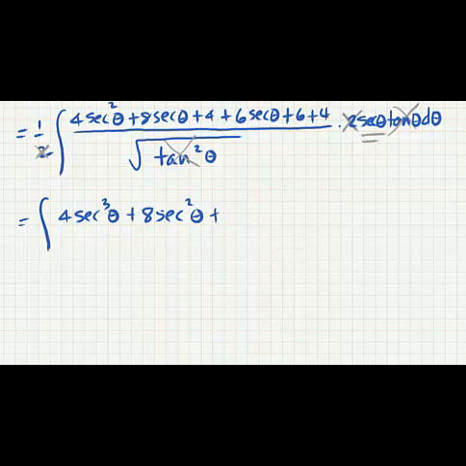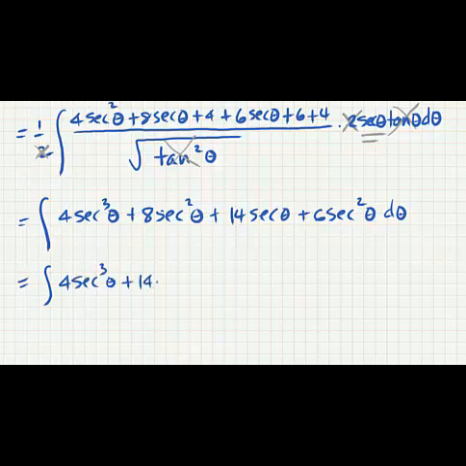We have 10 plus 4, that's 14 times secant of theta plus 6 secant squared of theta d theta. We have one more step where we can combine like terms. If we wanted to, we could factor out a 2. Doesn't look like that's going to help us tremendously at this moment, so I'm just going to leave it. All right. We are now at this step.